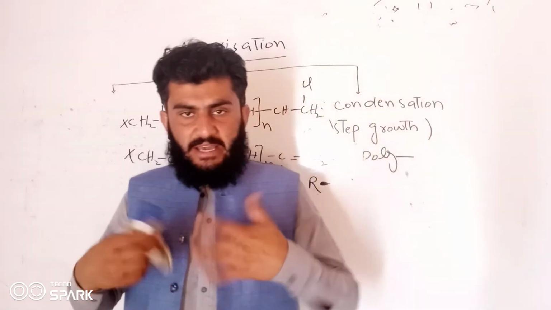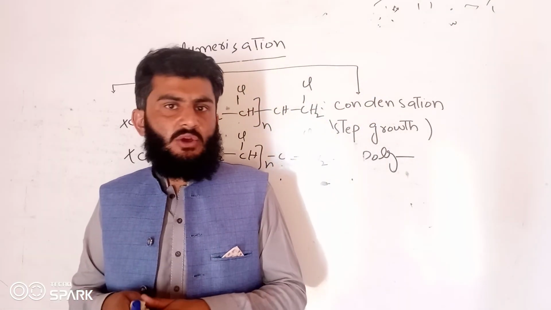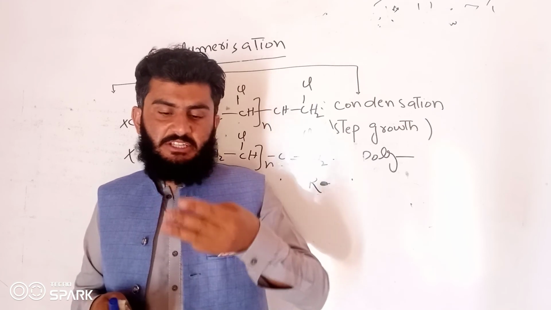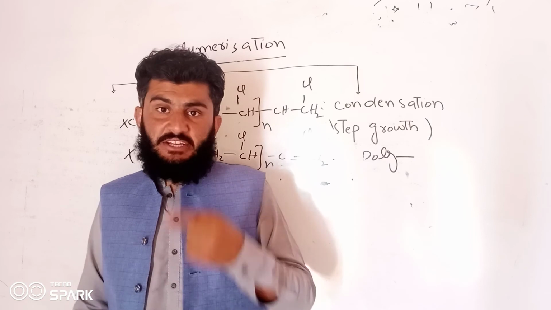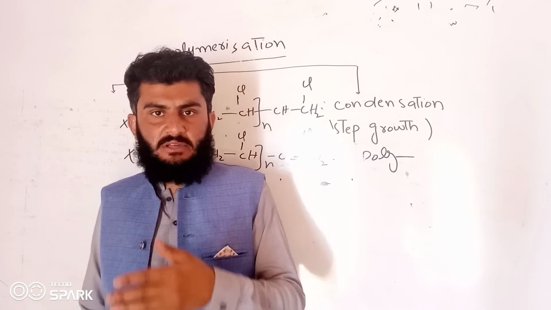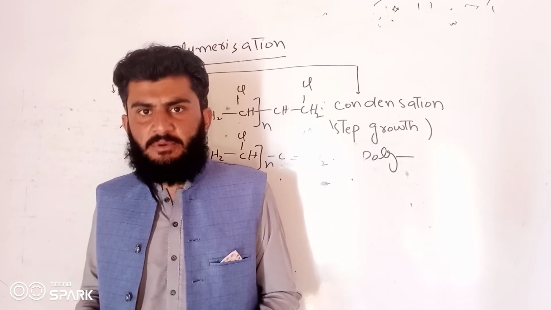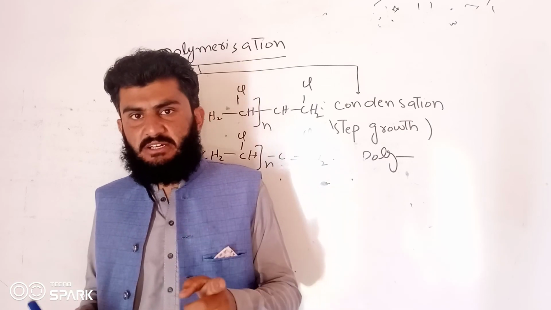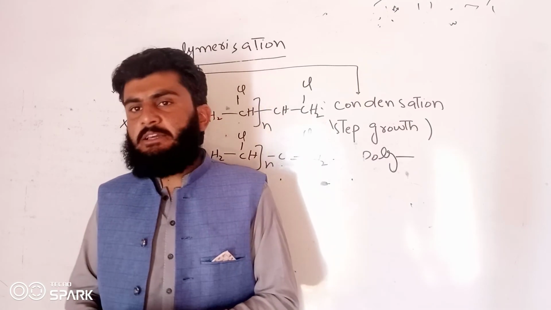Clear? With the help of these we can form a long chain of polymer with three main stages. The first is the initiation step in free radical chain addition polymerization, a step where a free radical is formed with the help of an initiator, and this free radical attacks the monomer.